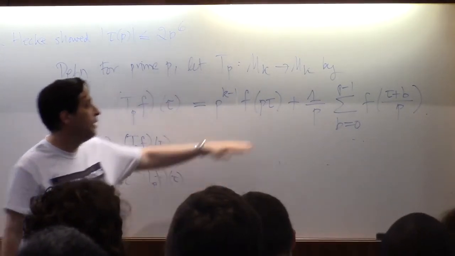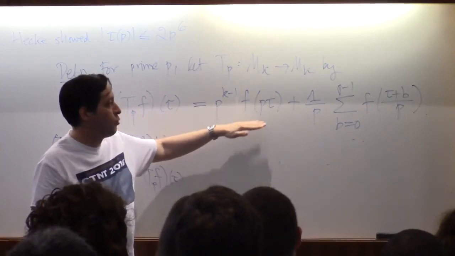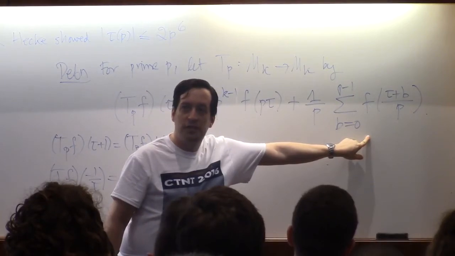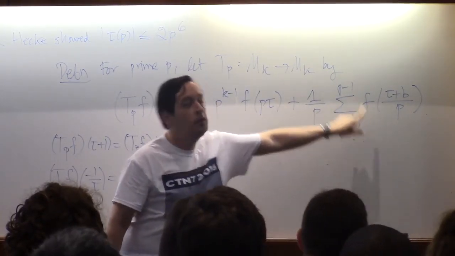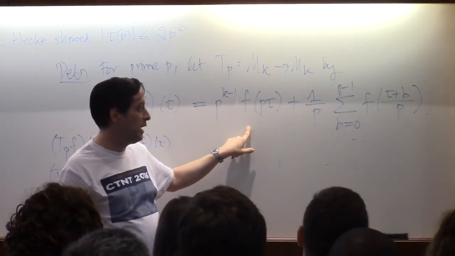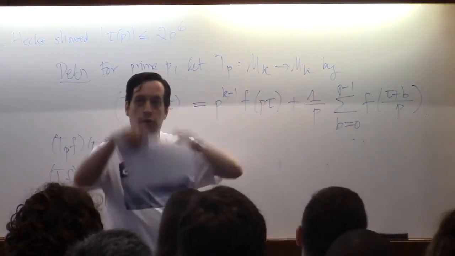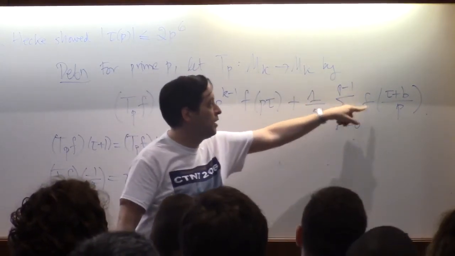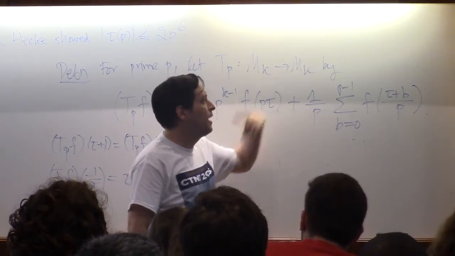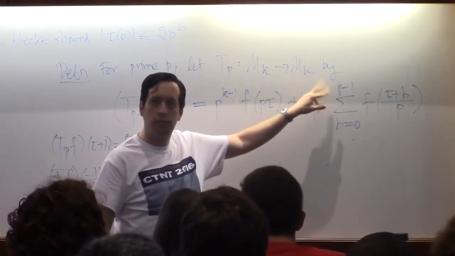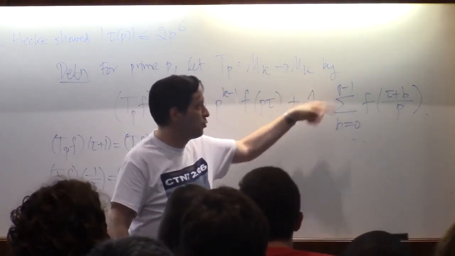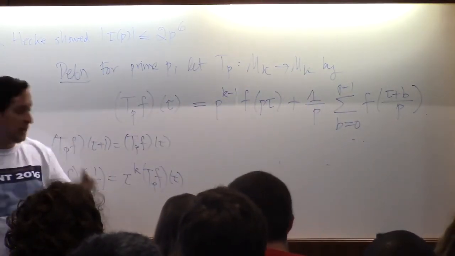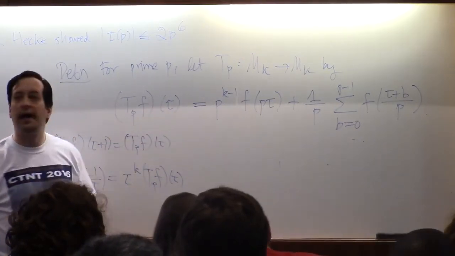If you replace tau by minus 1 over tau everywhere, the b equals 0 term spits out itself times tau to the k. And the b equals 1 to p minus 1 terms get permuted amongst each other. The b term, when you plug in minus 1 over tau, turns into the minus 1 over b term mod p. They're all invertible mod p if b is not 0. But in the end, the terms get permuted, each one multiplied by tau to the k, and so you still get the sum.